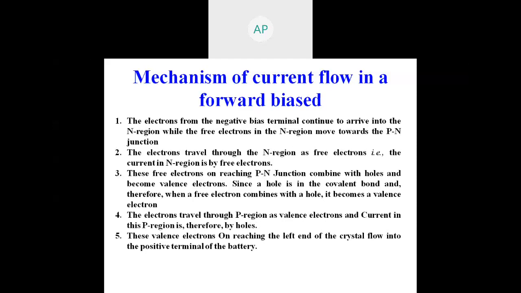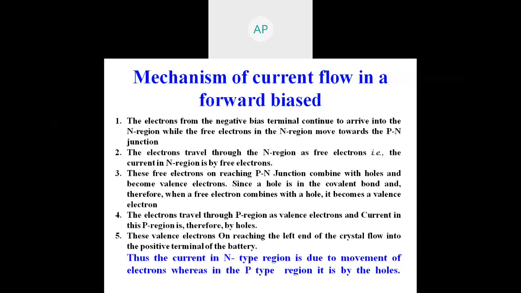These valence electrons, on reaching the left end of the crystal, flow into the positive terminal of the battery. Thus, the current in the n-type region is due to the movement of electrons, whereas in the p-type region it is by means of holes.